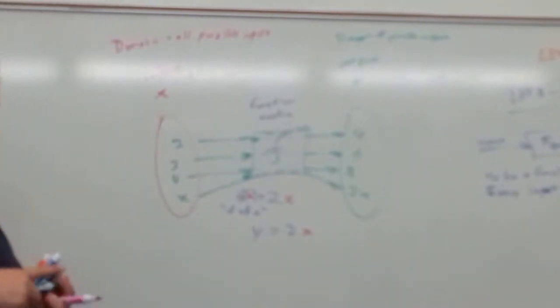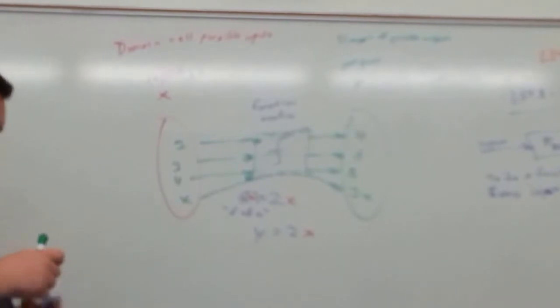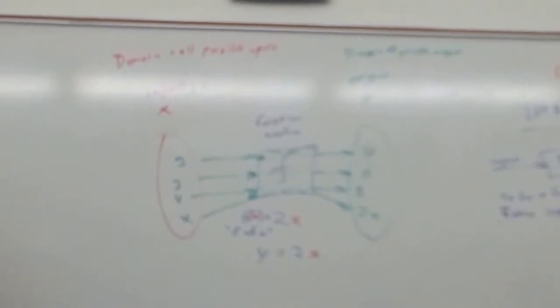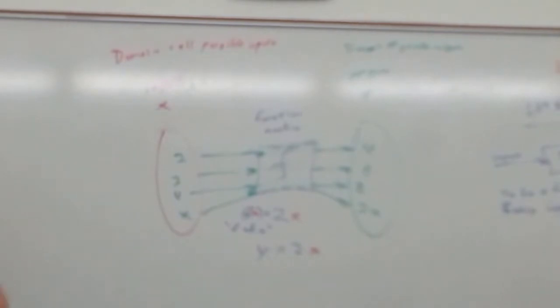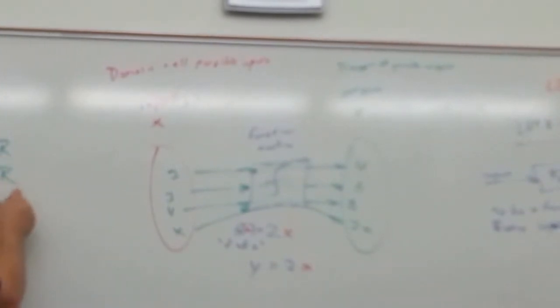I like the other range better. Okay. One thing that helps me remember which is which: on the left, we have our domain with our inputs, also known as x. On the right, we have our range with our outputs and our y.